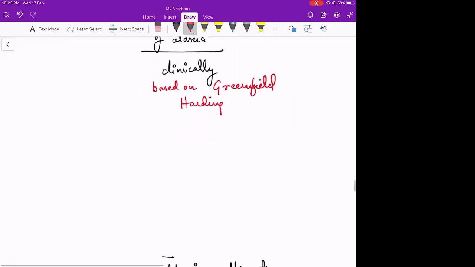He classified predominantly the inherited ataxias and predominantly autosomal dominant ataxias into various types.